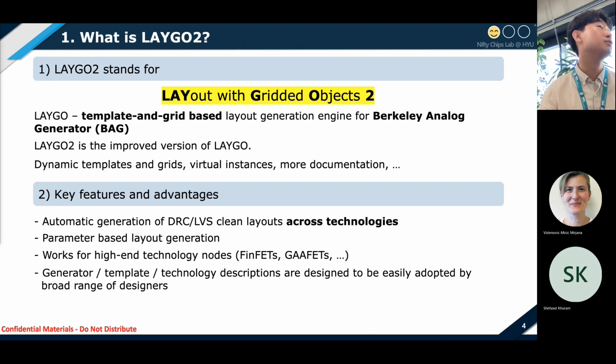It has powerful strengths in parameter-based layout generation, and it works for high-end technologies such as FinFETs or gate-all-around FETs. Also, since LAYGO2 is based on Python, designers and programmers like you can easily access the LAYGO2 API.